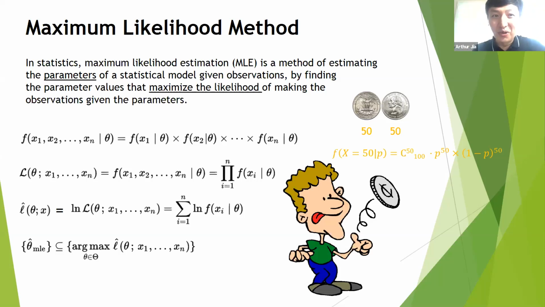So what is that? The MLE is a method of estimating the parameters, for example, p, right? We want to estimate this p based on a statistical model. Here, the model is the binomial distribution, and the given observation.